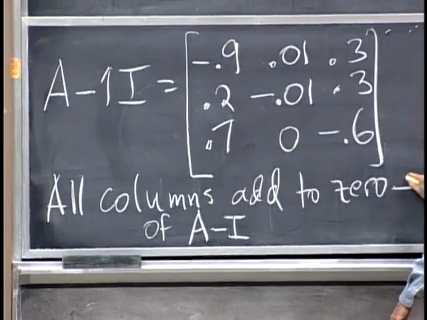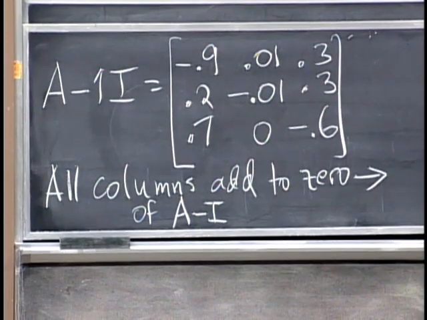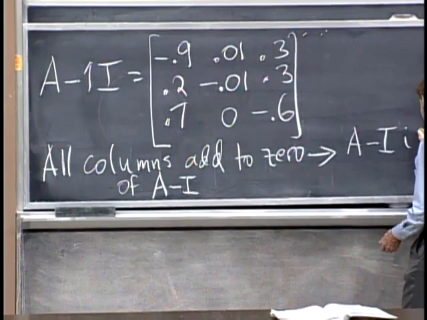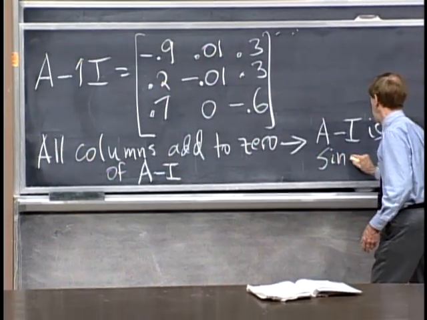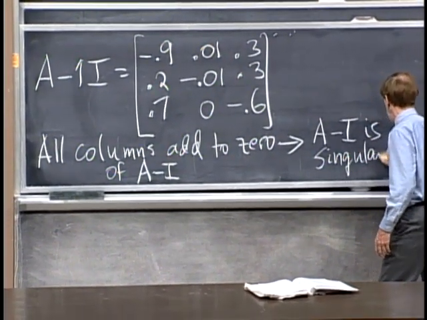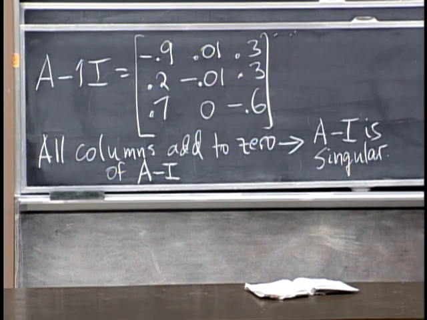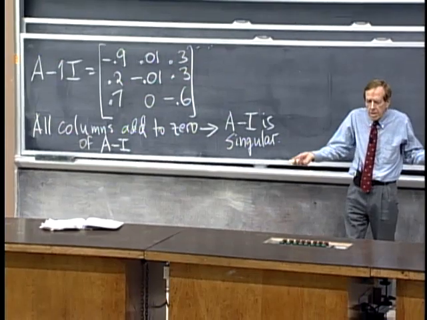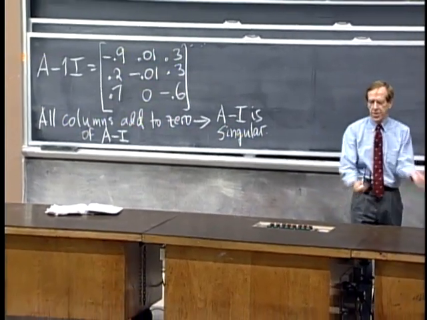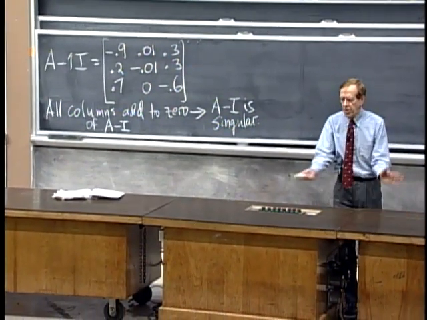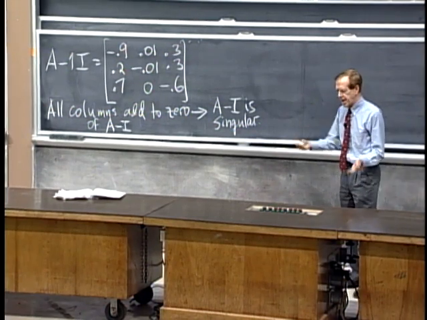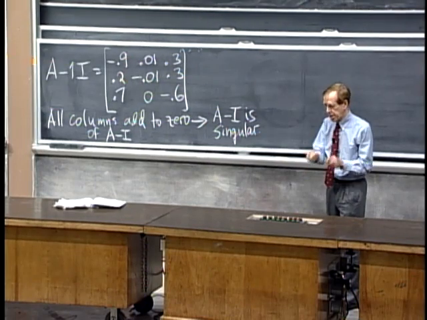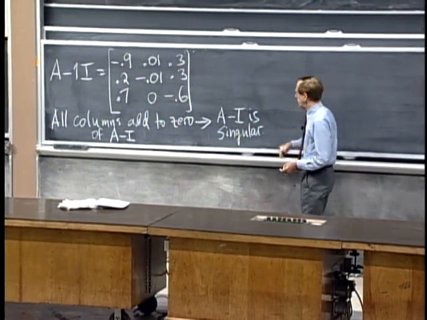And then I want to realize that this means A minus I is singular. Okay. Why? That could be a sort of theoretical quiz question. If I give you a matrix and I tell you all its columns add to 0, give me a reason, because it is true, that the matrix is singular.